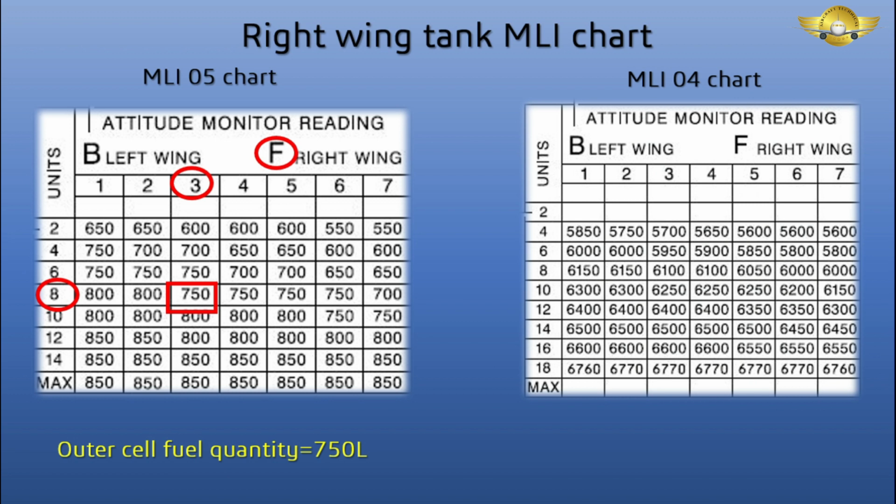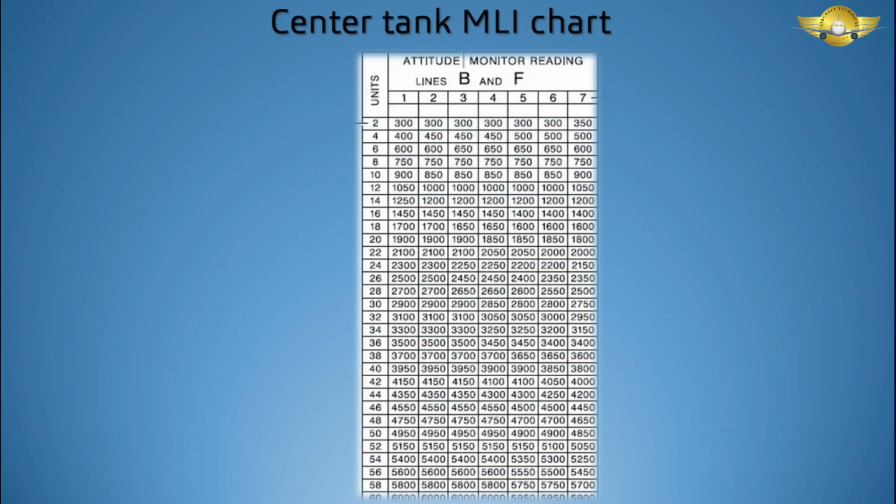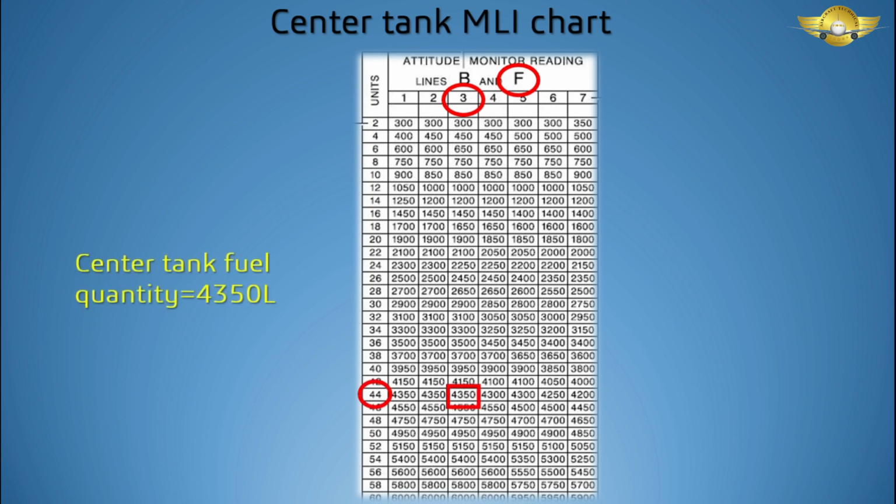Aircraft roll data is F and the pitch data is 3. MLI reading is 14. Inner cell fuel quantity is 6500 liters. Center tank MLI chart. Aircraft roll data is F and the pitch data is 3. MLI reading is 44. Center tank fuel quantity is 4350 liters.